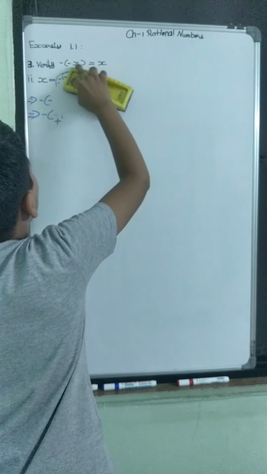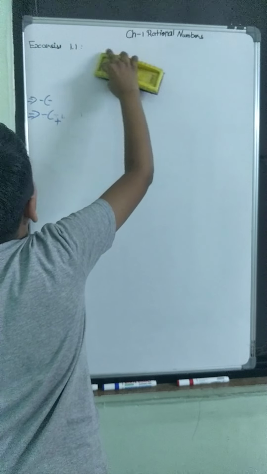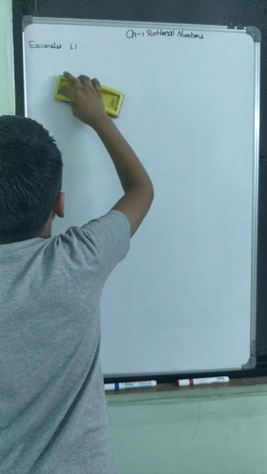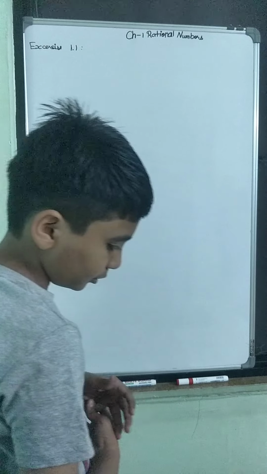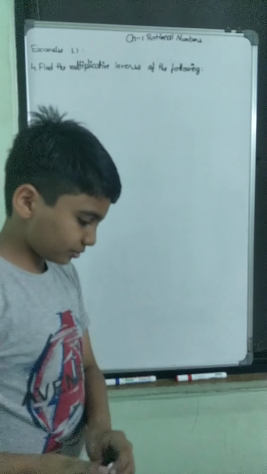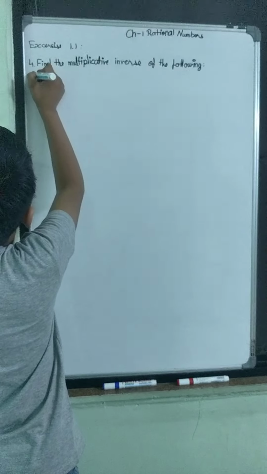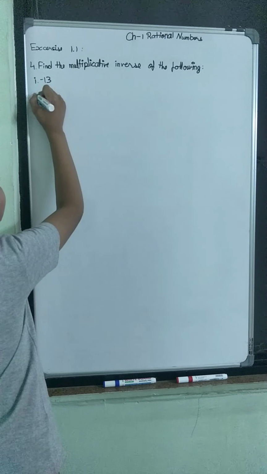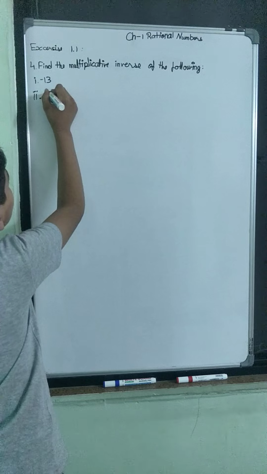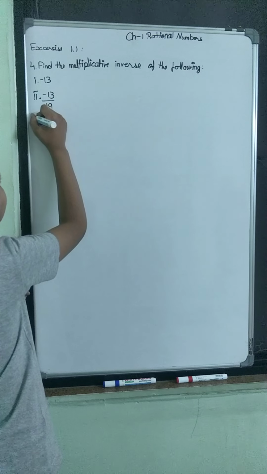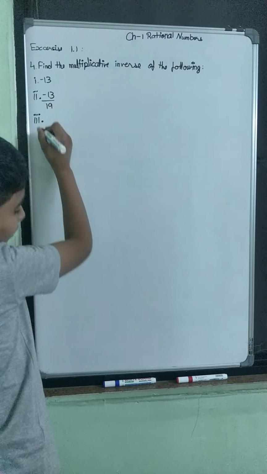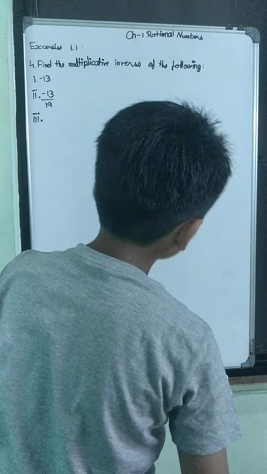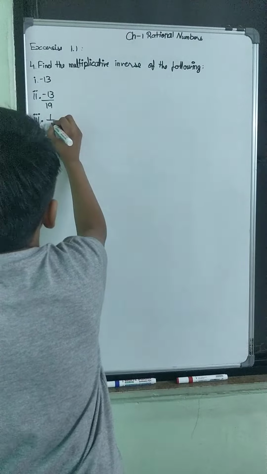Okay, now let's move on to question number 4. We have to find the multiplicative inverse of the following numbers. So our first question is minus 13. Second is minus 13 by 19. Third is 1 by 5.